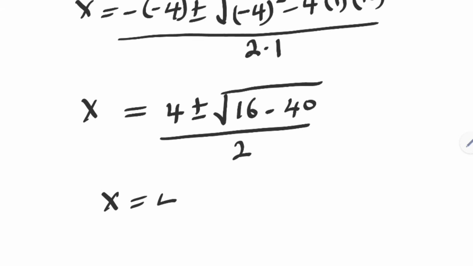x is equal to 4 plus or minus square root of 16 minus 40, that is minus 24, divided by 2.